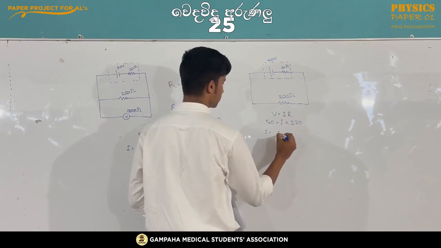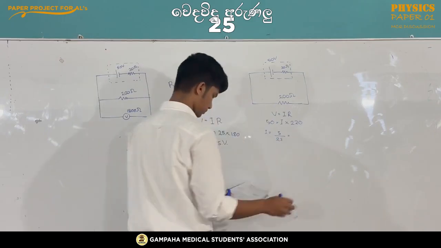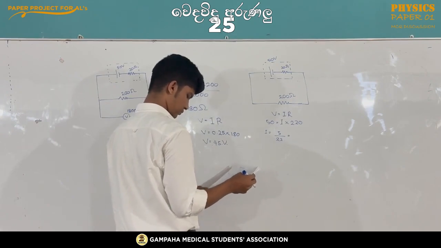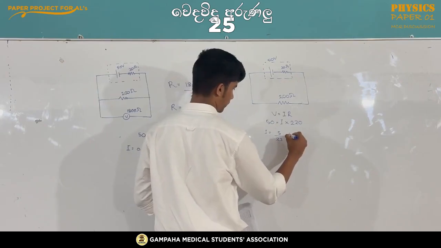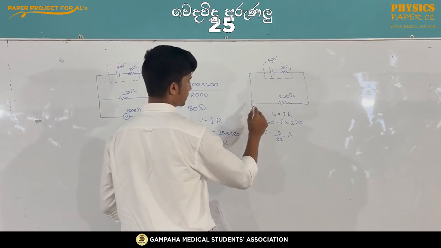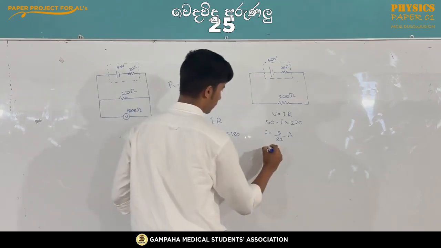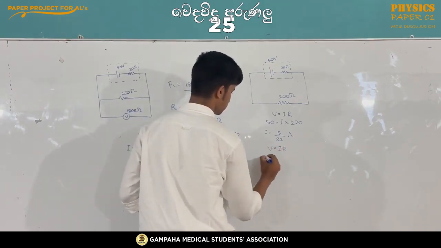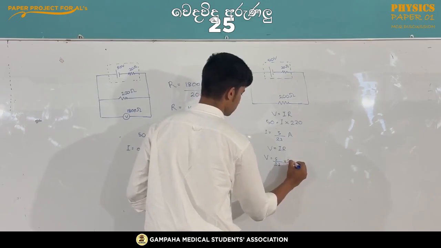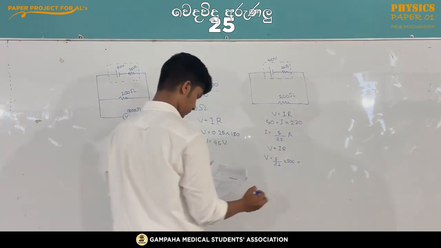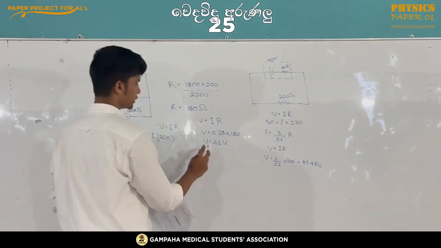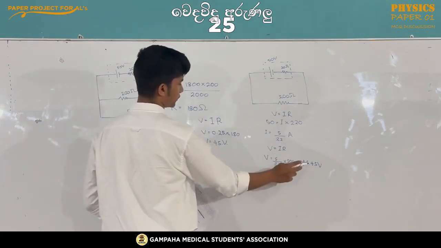I will be equal to 5 over 22. I'll leave this as a fraction. Then once again we can calculate the potential difference that is present across this resistor. This is equal to 45.45 volts. So here you can see that the actual voltage across this resistor is 45.45.